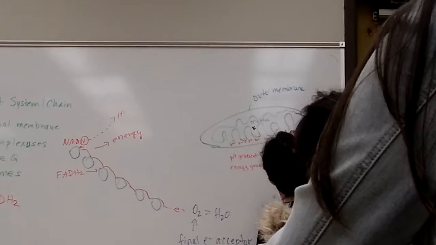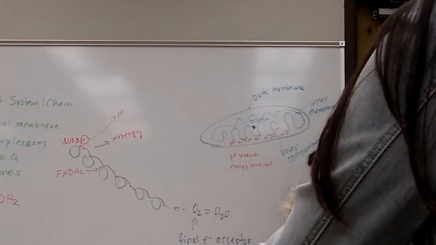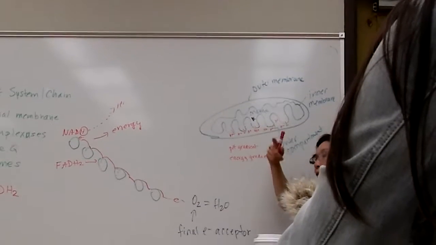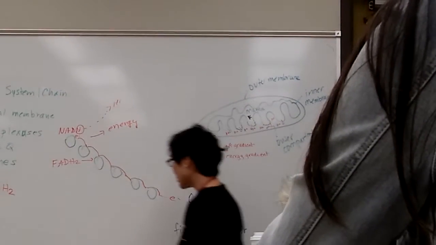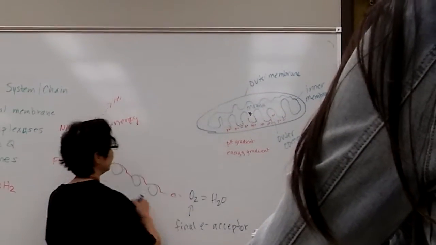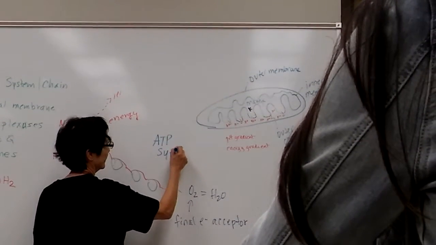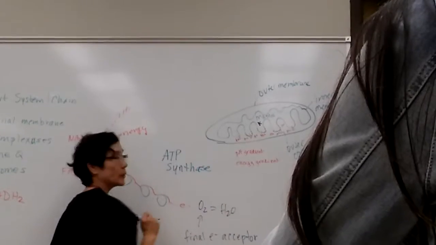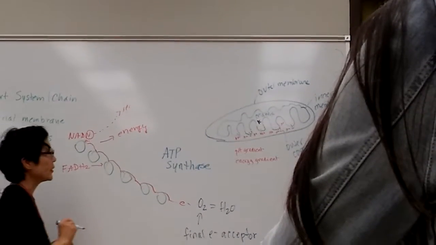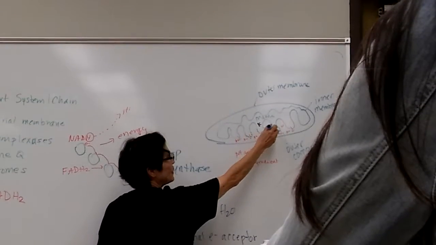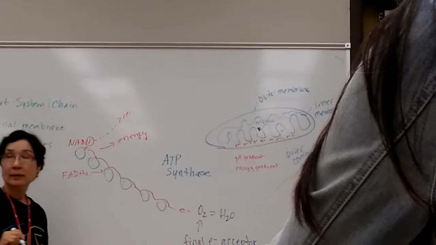But the membrane is not permeable to the hydrogen. So in order for them to cross back, they have to cross through a molecule called ATP synthase. Okay, an enzyme associated with it. And so you have a lot of these ATP synthase which are intermingled on the inner membrane.